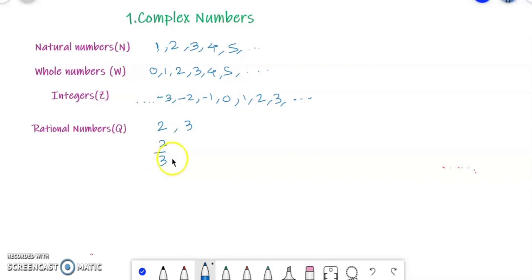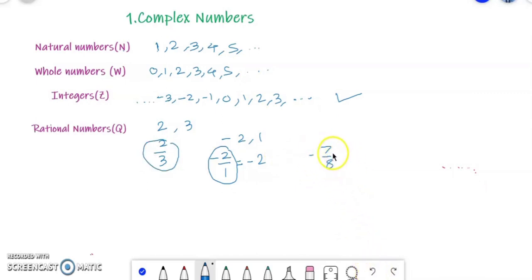This is a rational number. Take any two integers like -2 and 1 and get -2 by 1, which is also understood as -2 only. This is a rational number. Again, suppose -7 by 8. This is a rational number.